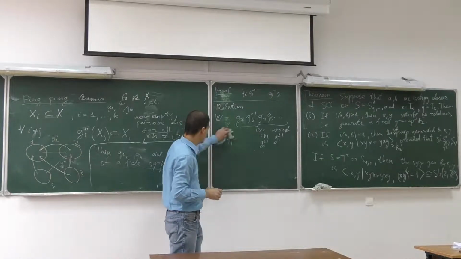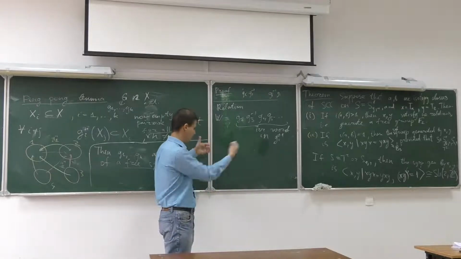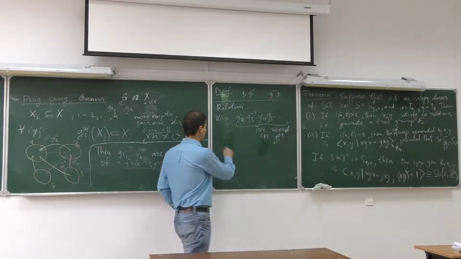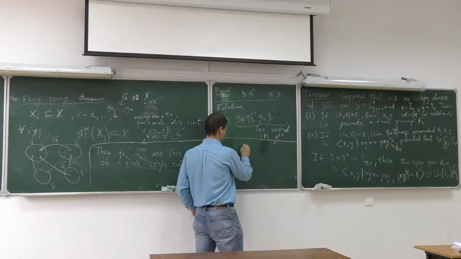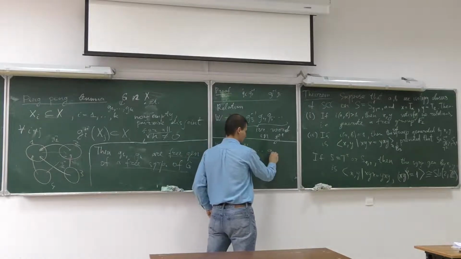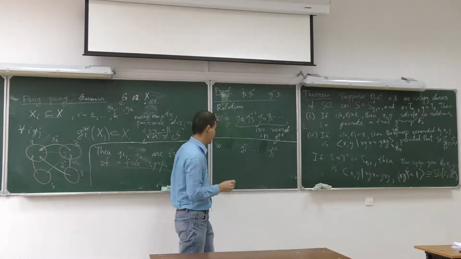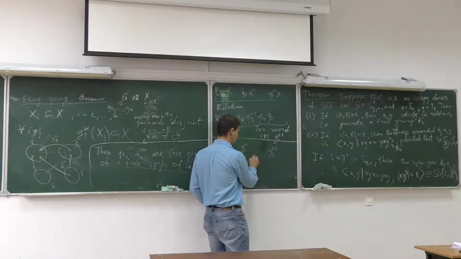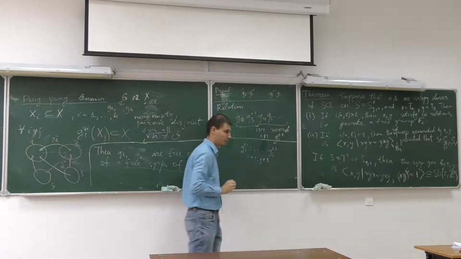If it neither starts with G1 nor ends with it, if W is of the following form, here we have some G_i, here we have some G_j, and i and j are both not 1.